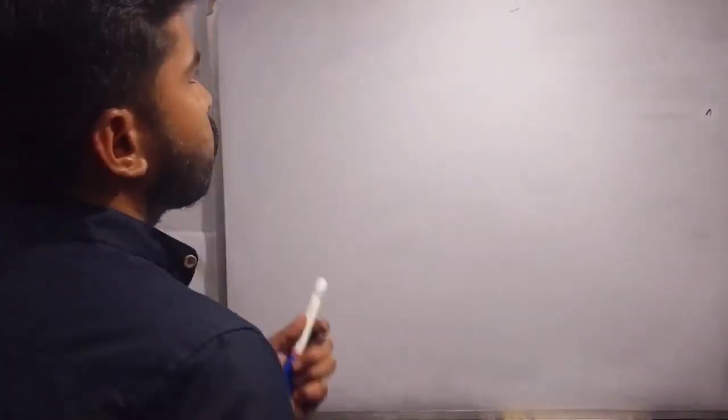So in my previous video I was discussing the subject of agreements. I think in the first video of subject of agreement I already discussed three rules, and now I am going to continue with the fourth rule.